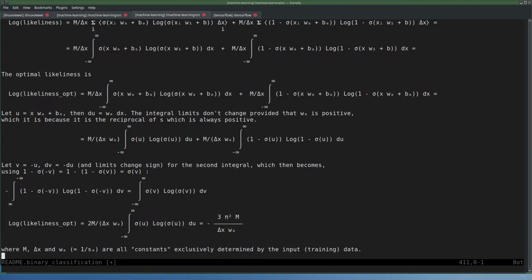I think I'll write a program that numerically calculates this for some m and delta x and WA. How shall we call it? How about I call it likeliness opt.cxx.